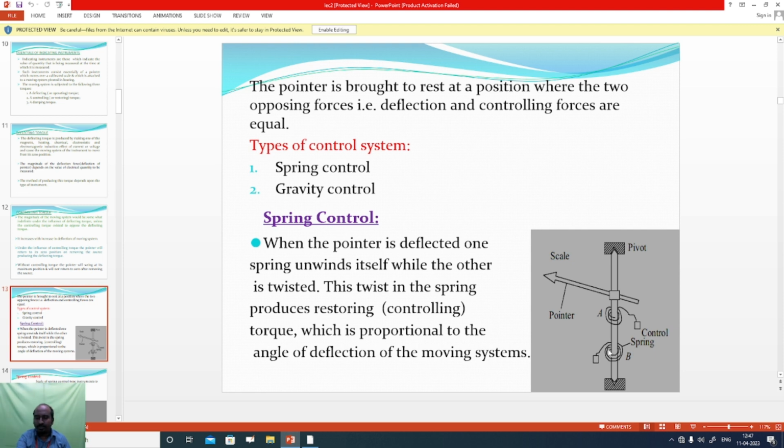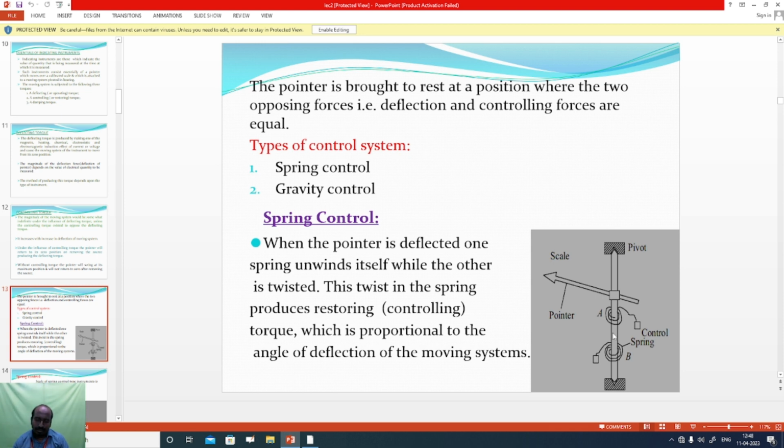Unwinding means it gets loosened, while the other one is twisted, that is, it gets tightened. The twist in the spring produces the controlling torque, which is proportional to the angle of deflection of the moving system. So the controlling spring gets twisted, thereby producing a controlling torque on the spindle.